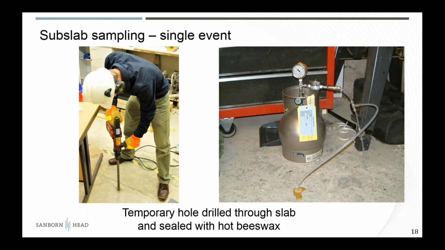We found that hot beeswax works pretty well. It actually works very well to get a good seal there, and other things are possible to use, modeling clay, for example, but you want to make sure you're not using anything that might have VOCs in it that would cross-contaminate your sample. And we know beeswax doesn't.